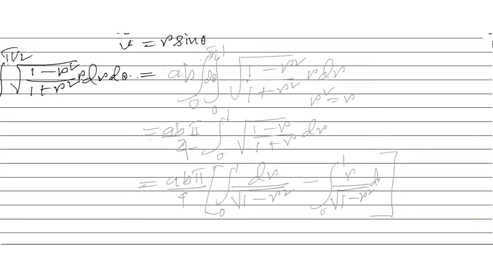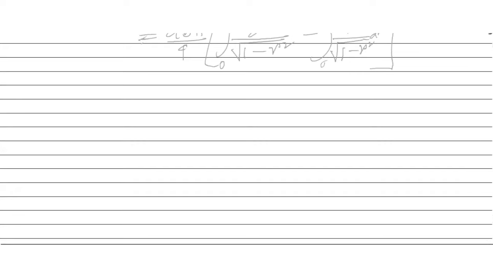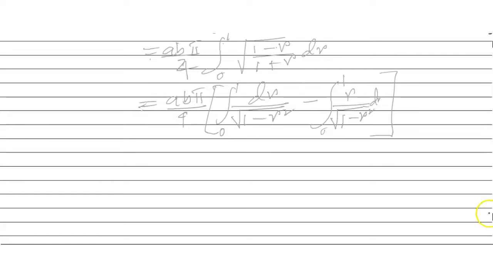So friends, what is the formula? Integration of dx divided by root over a square minus x square is equal to sine inverse x by a.